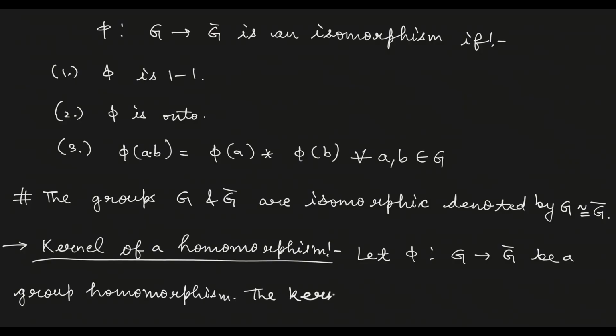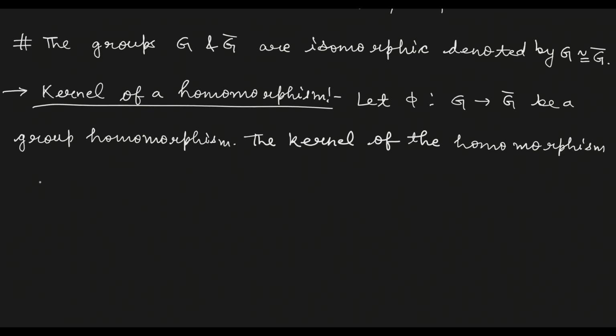The kernel of the homomorphism phi is the set kernel phi. I will pick an element from the domain such that it is mapped to the identity of the codomain. I am denoting it by E bar.